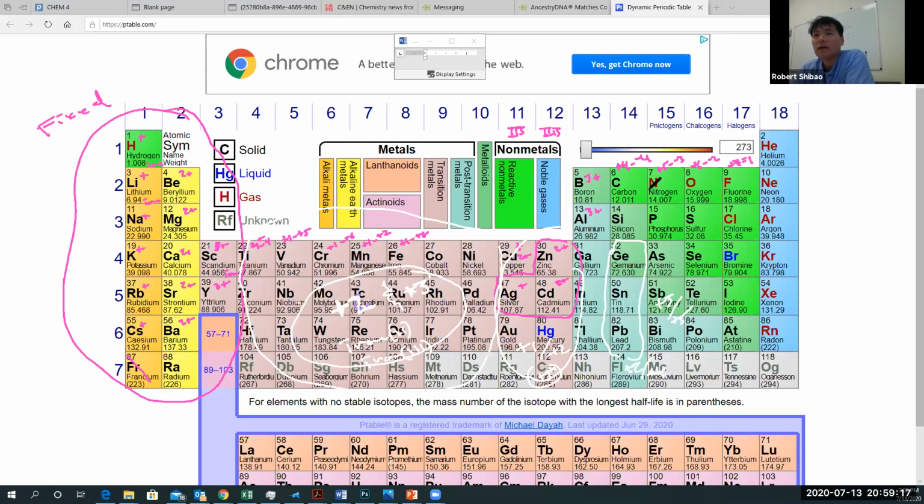And so what are the common charges of these? Well, if carbon gains 4, then we form carbide. And so this is what I want to draw out. We're going to draw out all the variations of these guys over here on this part of the periodic table. That's what I'll do next, if I can blow this up.